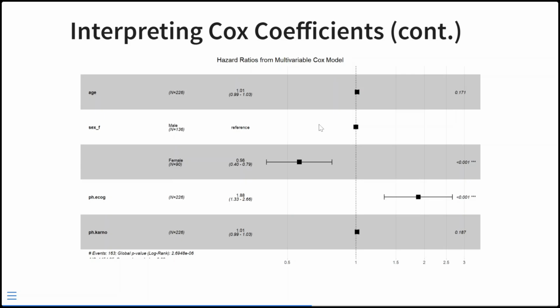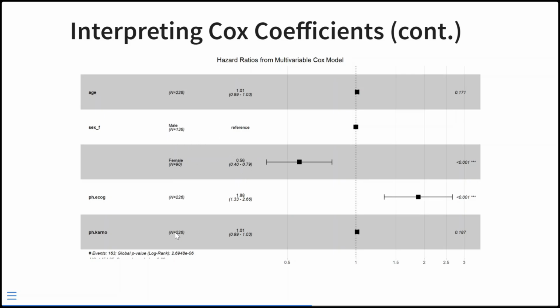We're going to be interpreting based on the other level, which is female. This female level under the sex covariate is significant, and you can see it's on the left-hand side, at 0.56. So which means what? The hazard of dying from lung cancer for females is 0.56 that of males. That's a 0.56 hazard ratio of experiencing lung cancer compared to males.